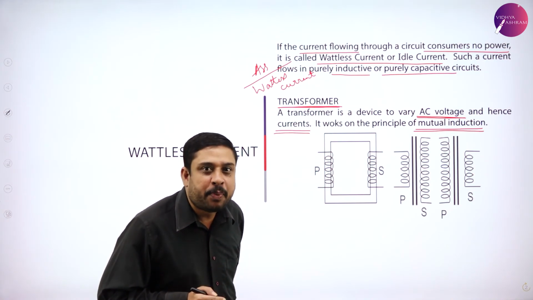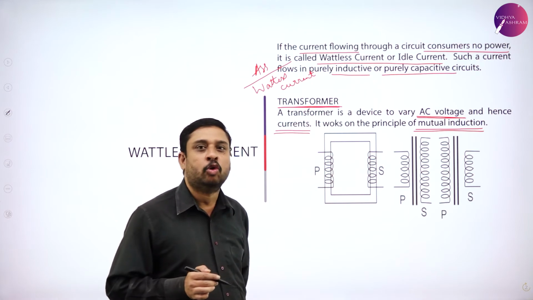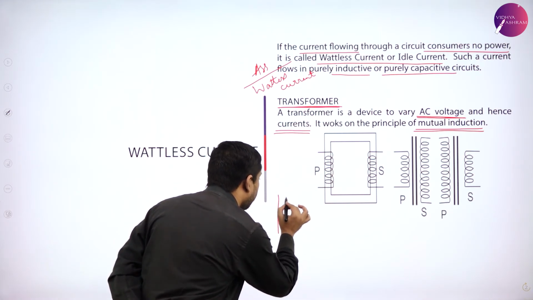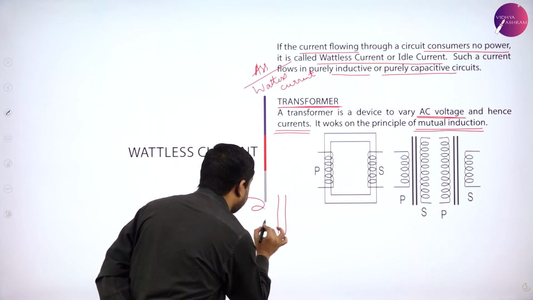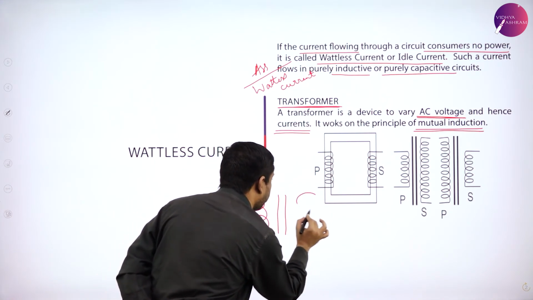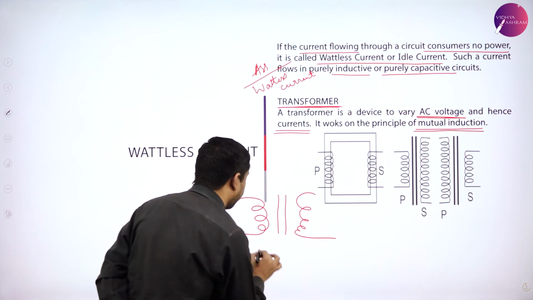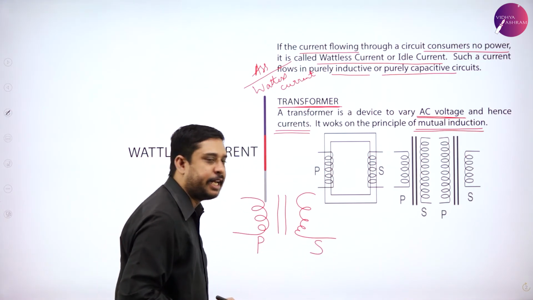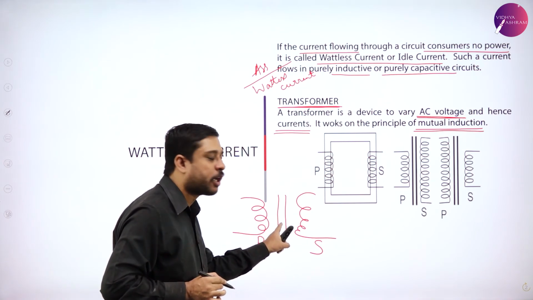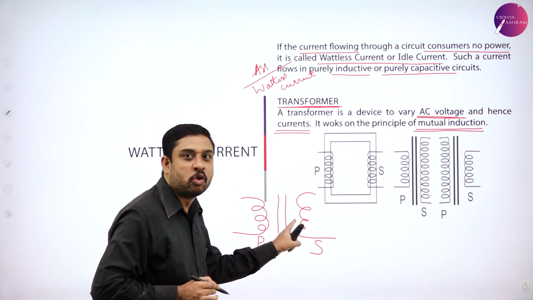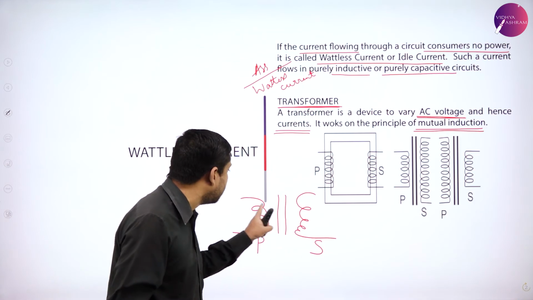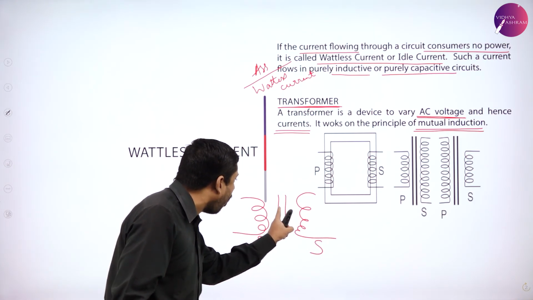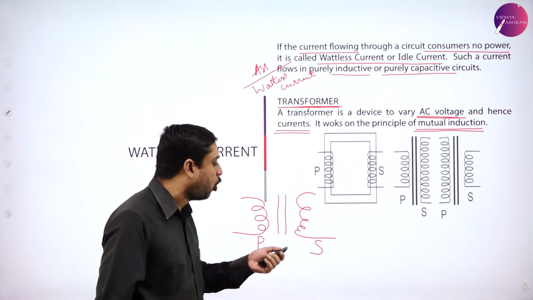What is the principle on which it works? Mutual induction. See, this is how we represent a transformer. Don't ask me a one mark question again. We call them the primary coil, the secondary coil, and the core. So as in your mutual induction, this is the primary coil, the secondary coil, and this is the core.